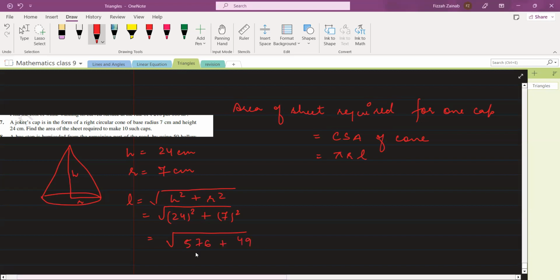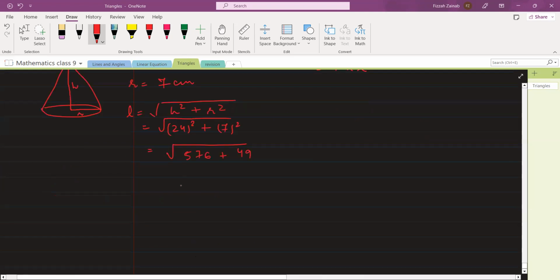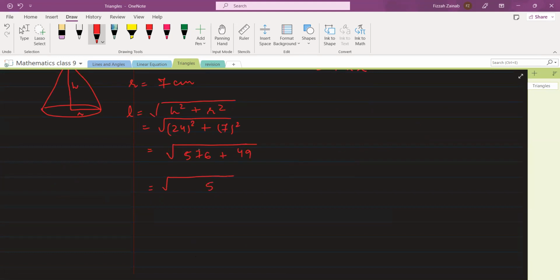Okay. So this you can add. This becomes 9 and 6 will be 15, carry 1, 8 and 4 is 12, carry 1, 6. Now 625 is a perfect square of 25. So 25 centimeter, right? This is your slant height.